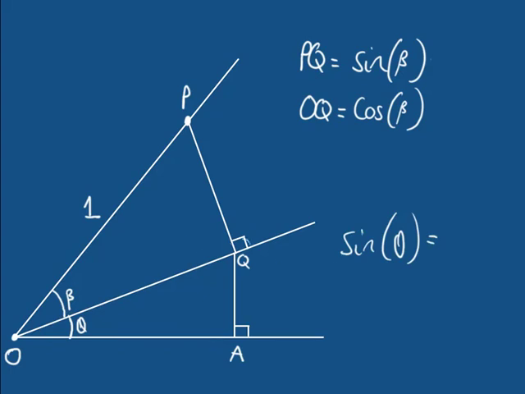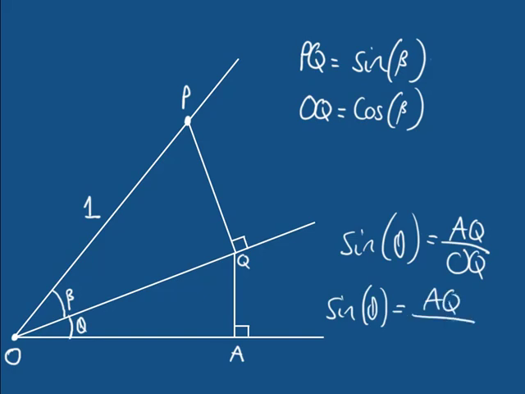Well, the opposite is the edge AQ, and the hypotenuse is the edge OQ. But we know, of course, that OQ is equal to the cosine of beta. So the sine of theta is equal to AQ divided by the cosine of beta.